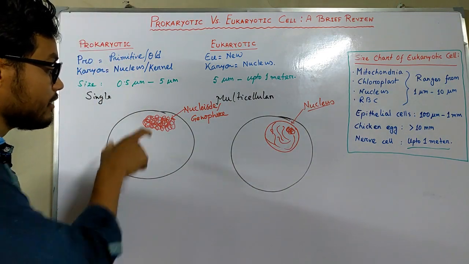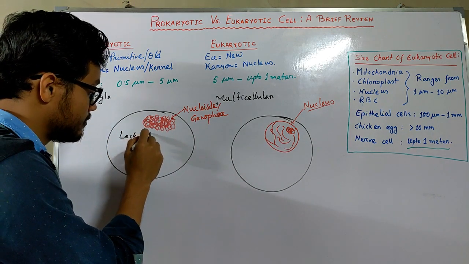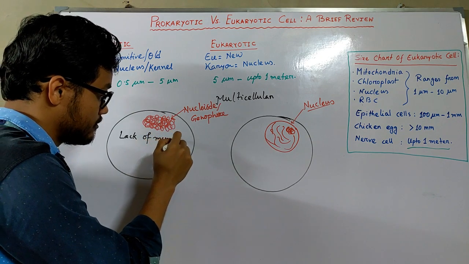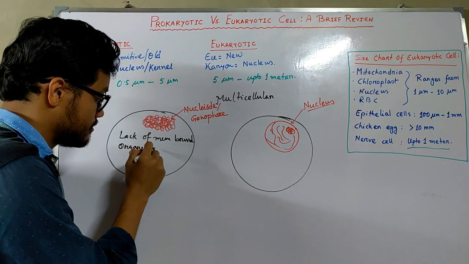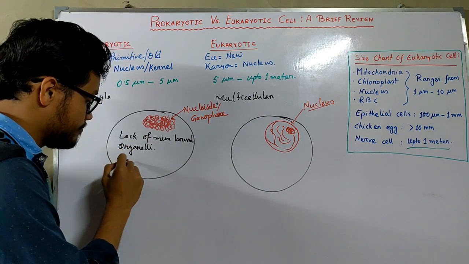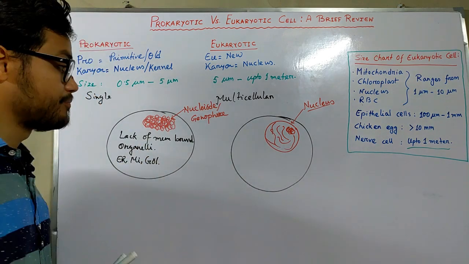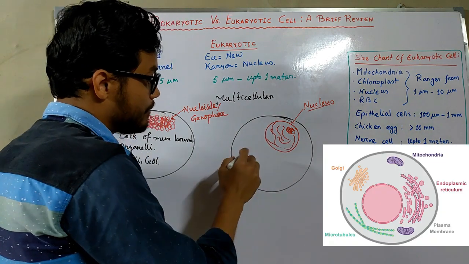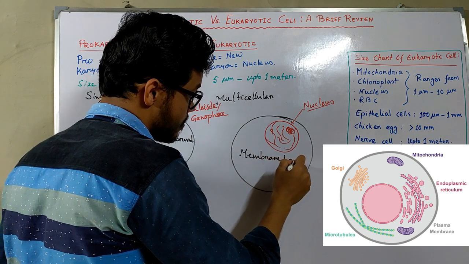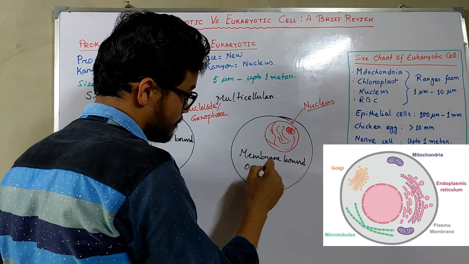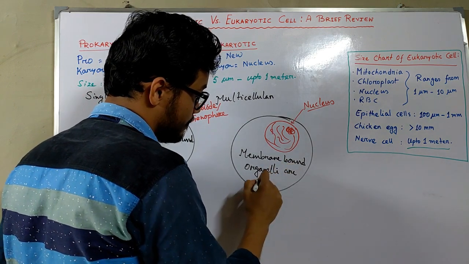A prokaryotic cell lacks membrane-bound organelles such as endoplasmic reticulum, mitochondria, Golgi bodies, chloroplast, etc. In a eukaryotic cell, membrane-bound organelles are found.